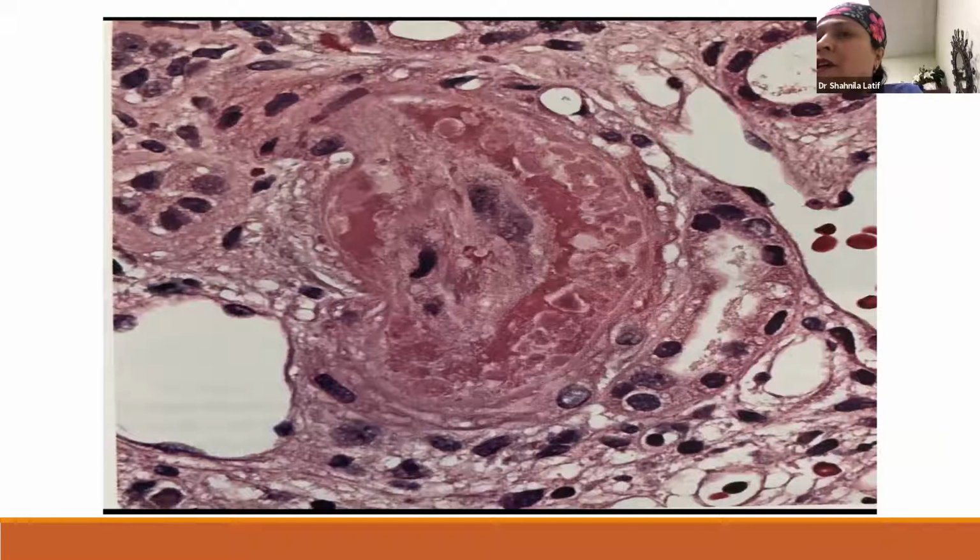This is a lupus vasculopathy, where you see the deposits in the blood vessels, but you don't see much reaction, like there are no inflammatory cells. So we don't call this lupus vasculitis if you don't see neutrophils or lymphocytes or true necrosis of the blood vessels. We just call this lupus vasculopathy.